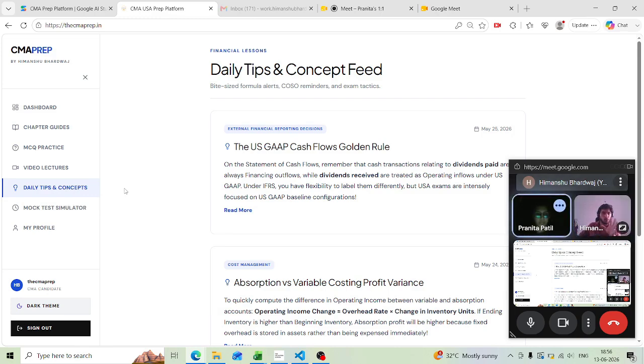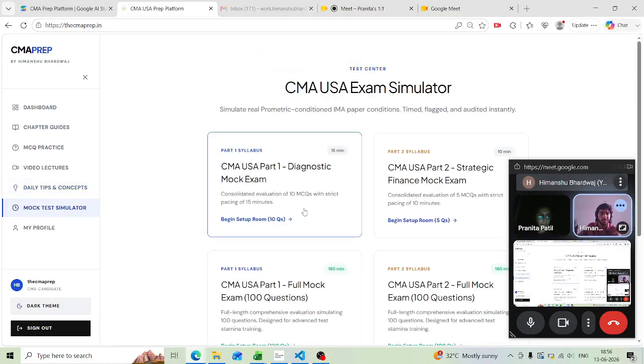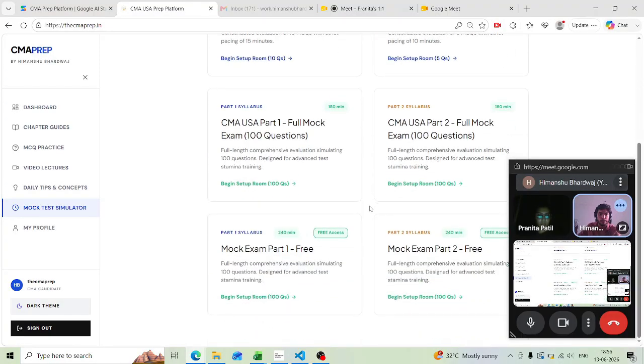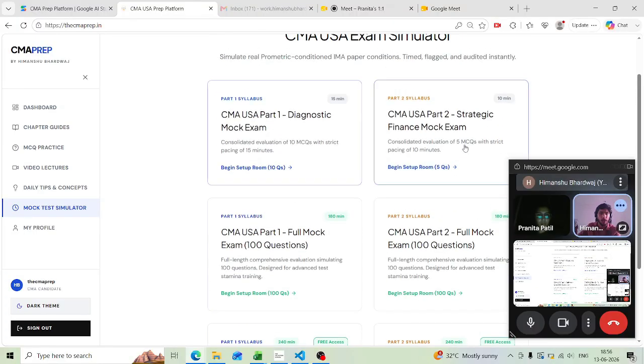So you will get all those kinds of tips and concepts in this section, which is daily tips and concepts. Then you have the mock test simulator. You'll have a full mock exam, and some sectional MCQs.